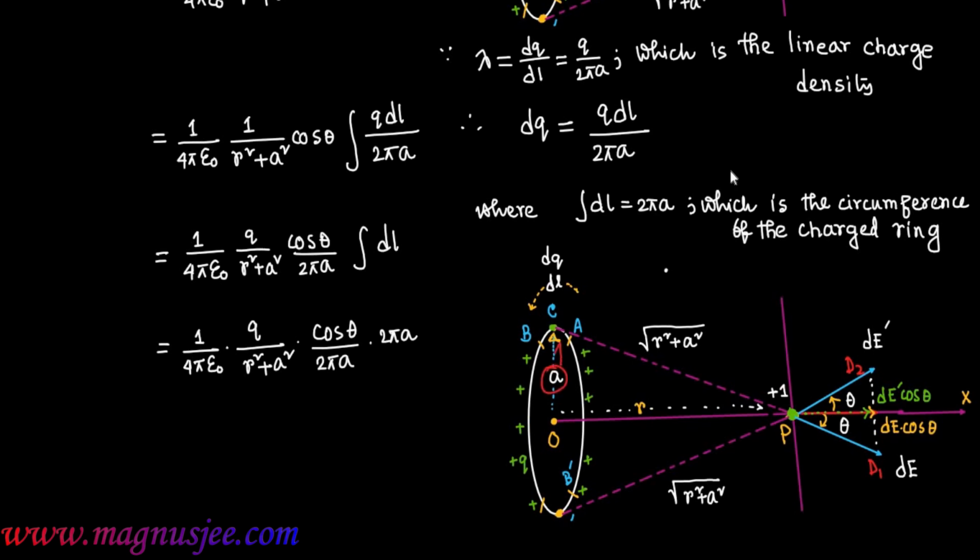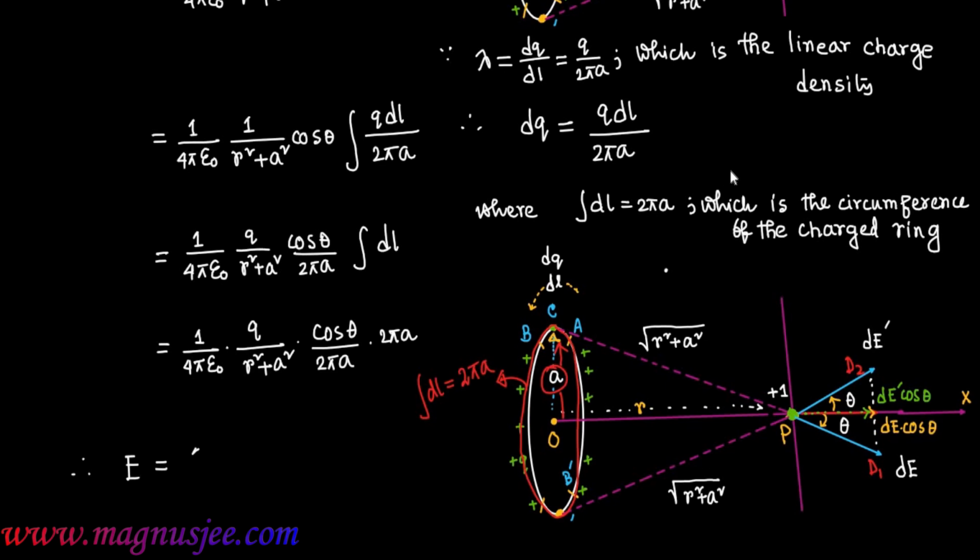In the diagram, a is the radius of the ring, and if we consider the entire portion of the ring, the circumference of the ring is 2 pi a. That means integration dl, the total length of the entire portion of the ring, is 2 pi a.